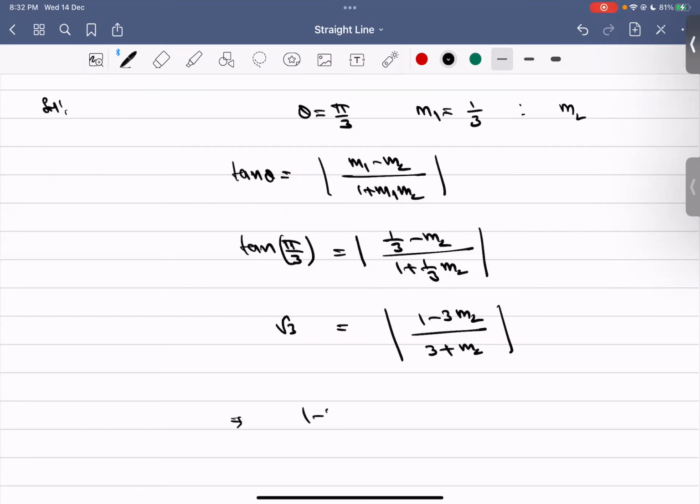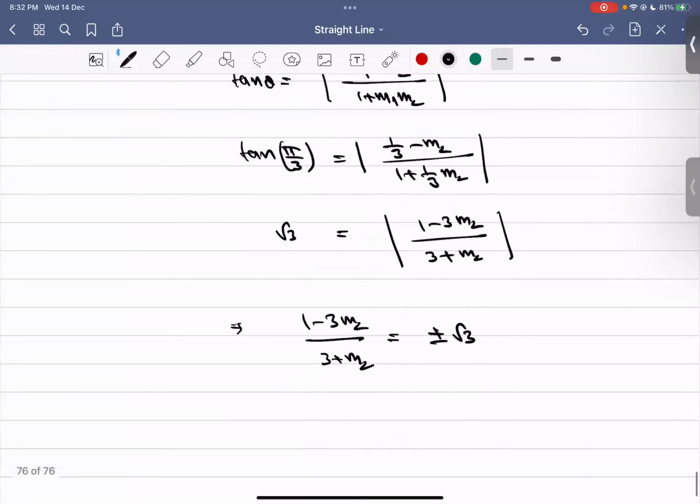Then what you get? 1 minus 3 m2 by 3 plus m2 is equal to plus or minus root 3. That implies 1 minus 3 m2 is equal to plus or minus root 3 into 3 plus m2.